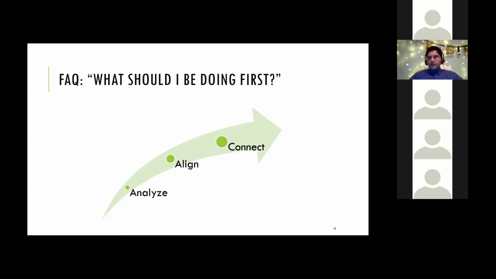We can speak with someone for 15 minutes, 20 minutes, or perhaps even an hour, and nothing might come out of that conversation if we haven't taken time to build awareness first and to make alignments first. And so it's really important to understand that this word sequence here is not just a random word sequence. It describes a sequence of events which we need to consider carefully and implement carefully in order to make the transition happen.